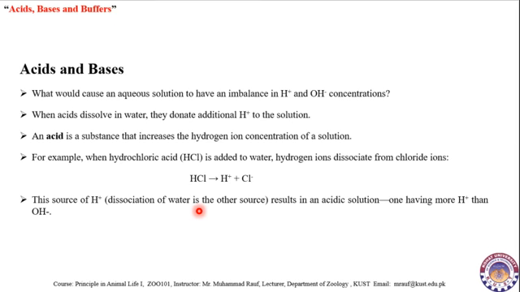So this process also adds hydrogen ions, and when acid is added, it automatically increases the hydrogen ion concentration of a solution. An acidic solution is one having more hydrogen ions than hydroxyl ions. Remember, an acidic solution is one which has more hydrogen ions than hydroxyl ions.